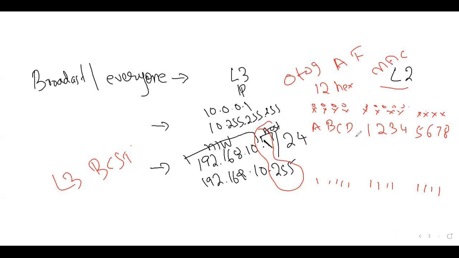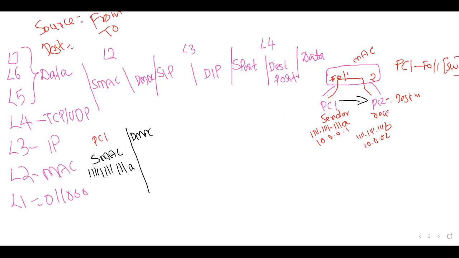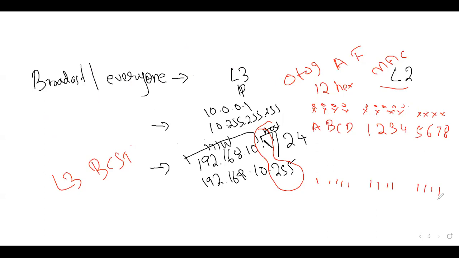So now I have a system which has a MAC address, and I need to inform everybody. This area is called layer 2. In layer 2, within MAC address, you need to inform everyone that I do not know that person, kindly inform. So how do you inform everyone? It is completely turned on.